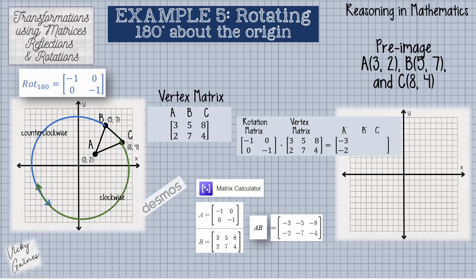A prime is going to be at negative 3, negative 2. B prime is going to be at negative 5, negative 7. And C prime is going to be at negative 8, negative 4. And there it is after a 180 degree rotation about the origin, either clockwise or counterclockwise, either way.